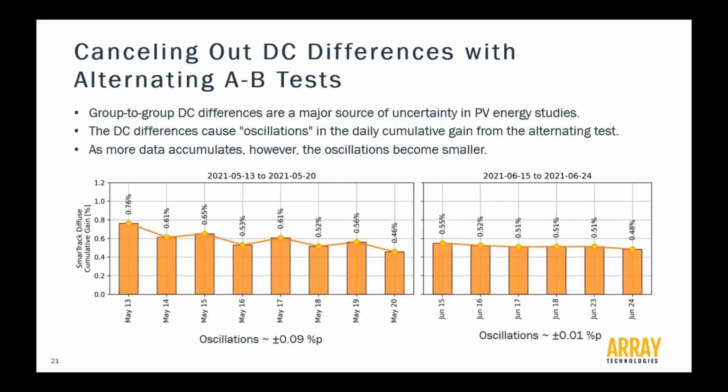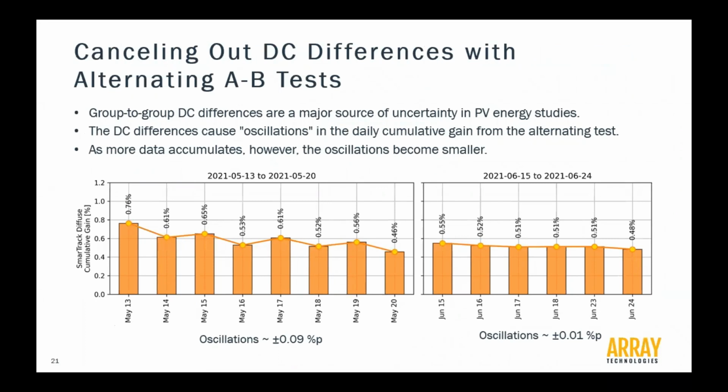The gain oscillations appearing in the last plot that I showed are also worth mentioning. The weather was mostly sunny during the May 13th to May 20th period, and the cumulative energy gain number gradually decreased through this period, as you can see here. There are, however, small up and down oscillations in the gain values. We think these are due to small DC or measurement differences between the even and odd test groups.